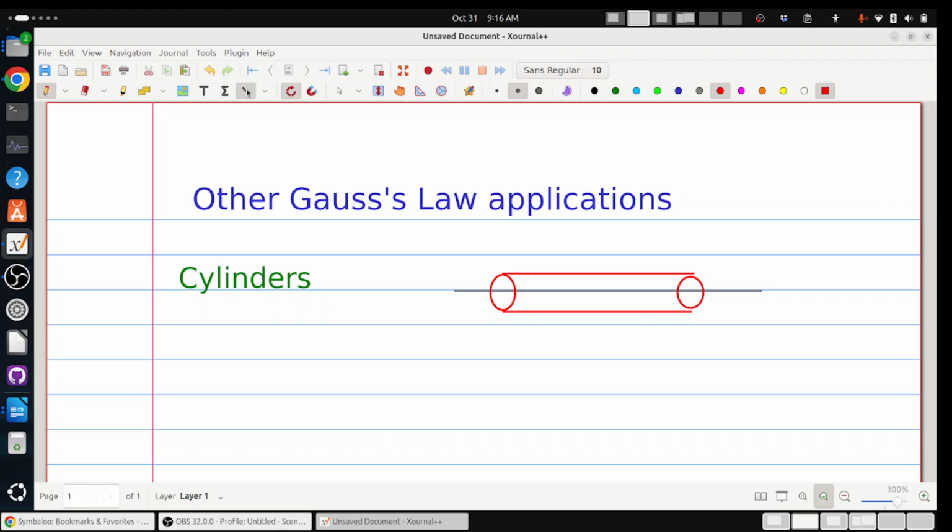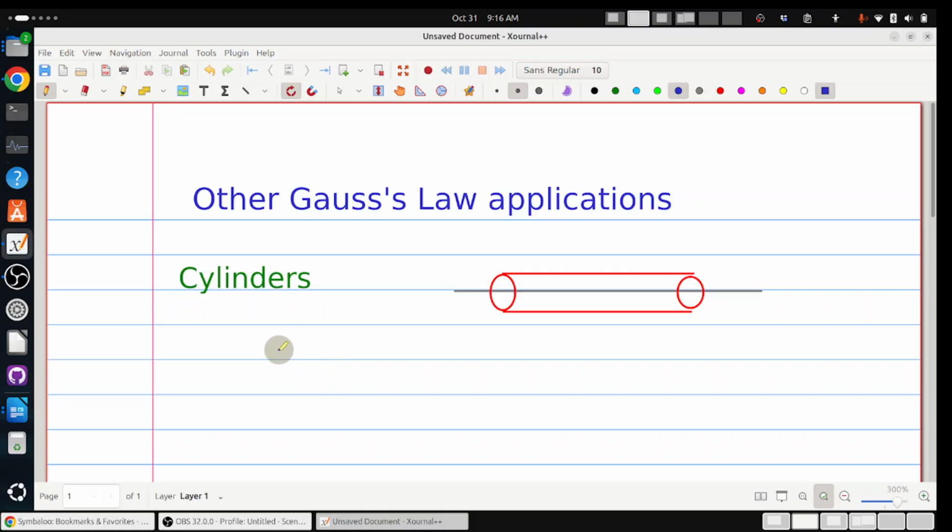So what I want to talk about now is not just a line of charge, but a cylinder of charge. When we do that, there are a couple of different ways that we can approach this. It's going to just cause our electric field calculation to be slightly more difficult than the line charge, but not too much.